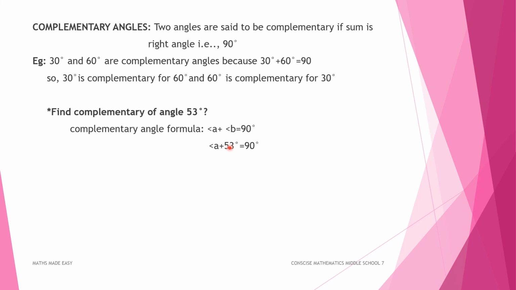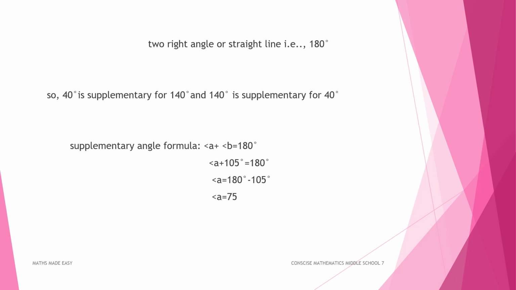Get all the numbers on one side and keep the alphabet, which we need to find, on the other side. When it moves from left to right across the equal sign, plus becomes minus 53. So A is 37. So the complementary of 53 is 37. I hope you understood it.